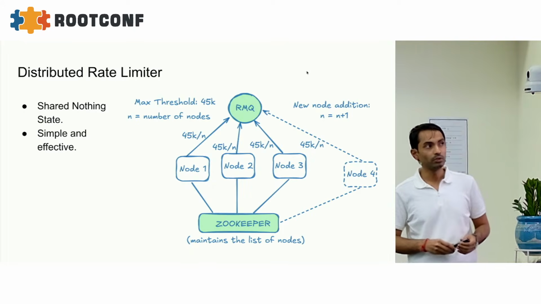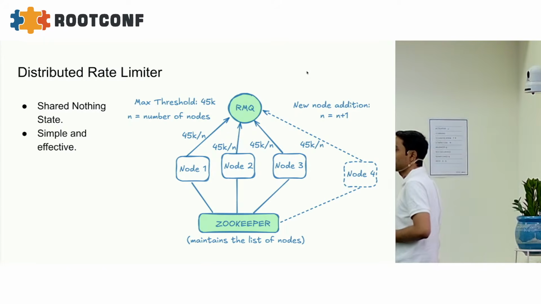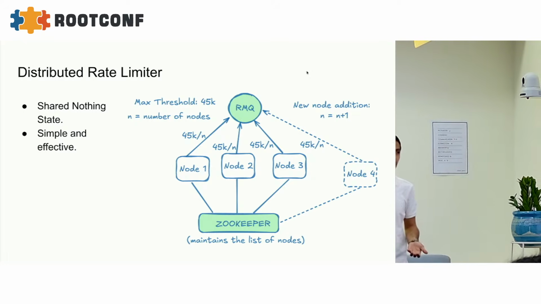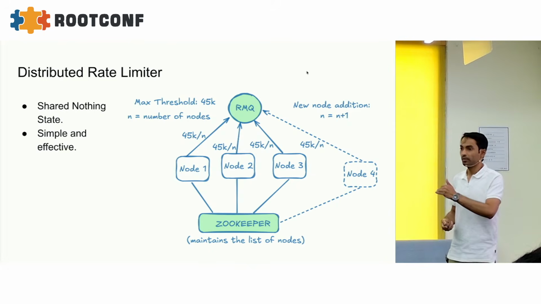Now let's look into the distributed rate limiter that we implemented to prevent our database cluster from going down. Again, based on the same design principle of shared-nothing state, we created a very simple and effective rate limiter. Since we use Zookeeper, we already know how many Clockwork instances are available, and from our benchmarking we know the breaking point.